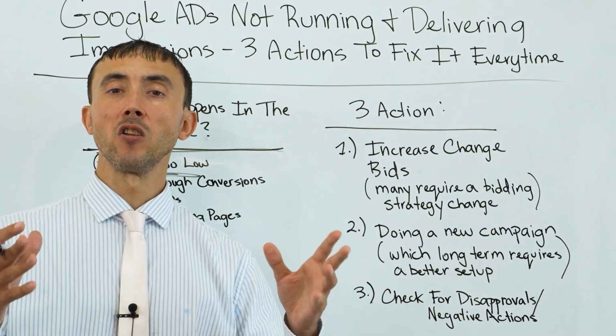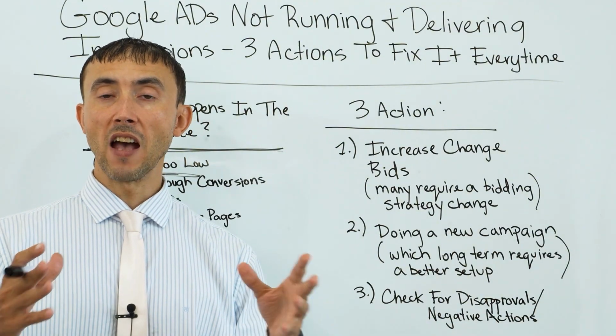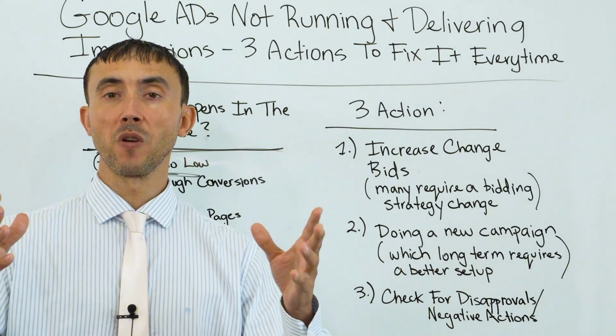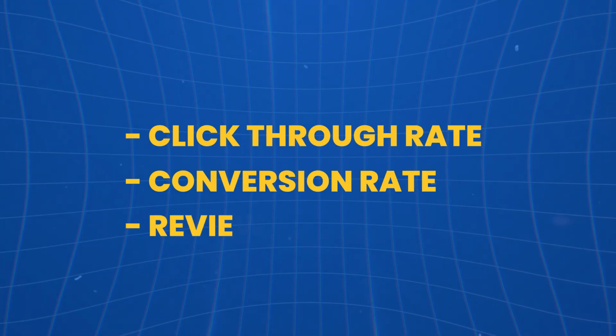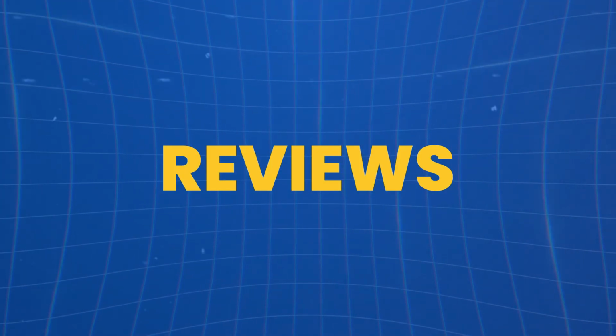Because the other thing that they look at in terms of seeing who they want to promote in the ad space, when they have the choice to show multiple advertisers' ads, is the click-through rate, the conversion rate, and then the reviews. Because the reviews indicate, obviously, did they actually get a good experience after buying?